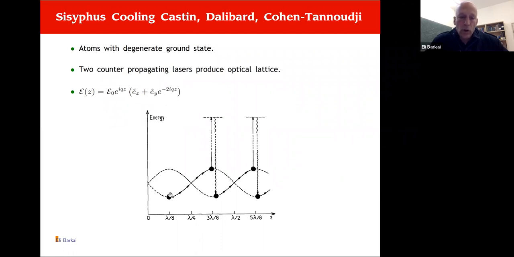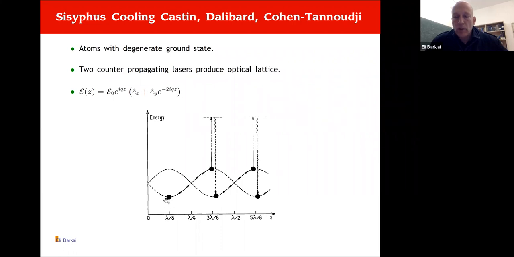And if you know a little bit of quantum mechanics, this creates some Stark shift to the ground state energy of the atom. So the atom can have, in principle, 2 energy levels at the ground state, and there is also an excited state. Now, what is happening, and this is just a description, this is not a theory, is the following. This is the atom, and it goes up this hill, it then can absorb a photon, and then it will go down.